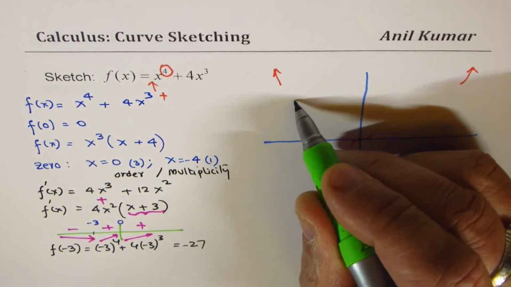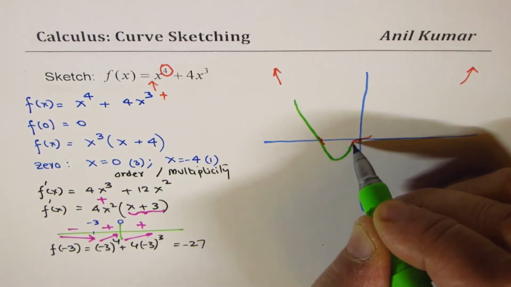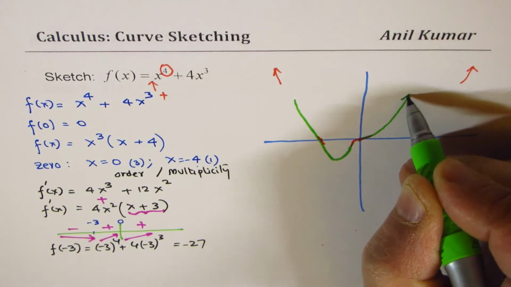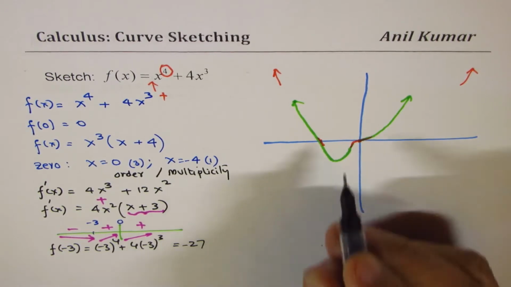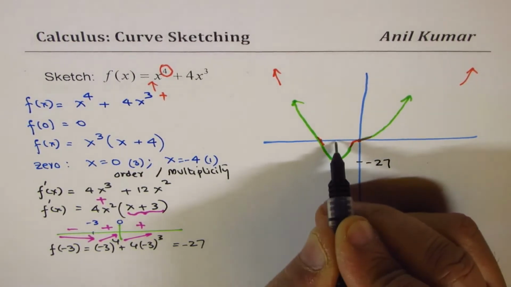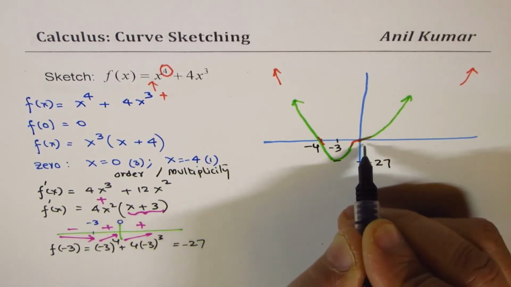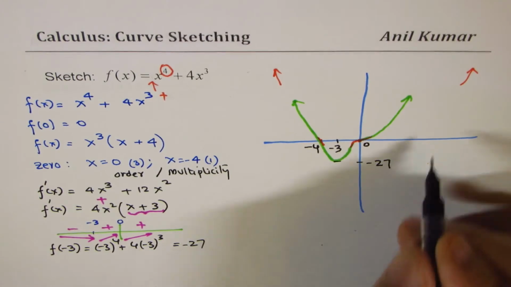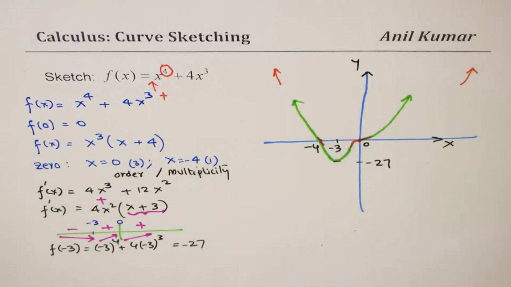We have something like this coming down here, going up, following this curve, and then like this, where the turning point is at minus 27 and this point is at minus 3. That 0 is at minus 4. This is at 0. This actually gives me a perfect graph for the time being.